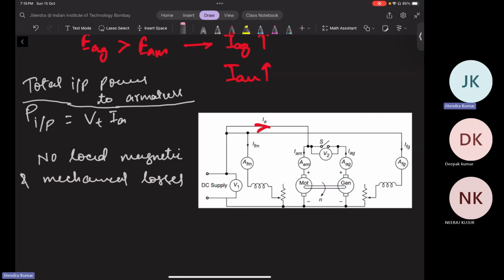Because this IA is responsible for the losses in both the machines. So with this test we will be finding the power and losses of both the machines, plus whatever the stray losses.